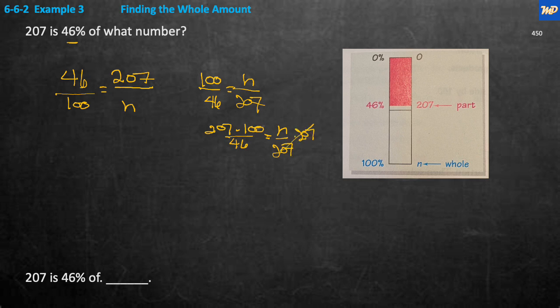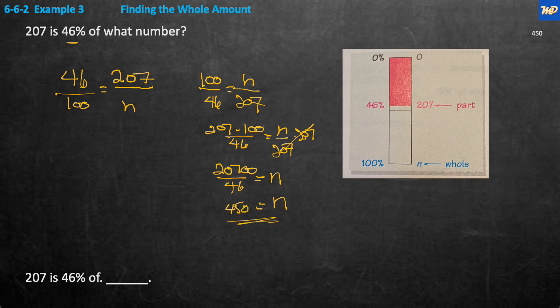The 207s cancel, and we end up with 207 times 100 is 20,700 divided by 46, and that equals n. And so what do we get here? Let me pause and get the calculator going. Okay, when I go to my calculator, I find out that n is equal to 450.